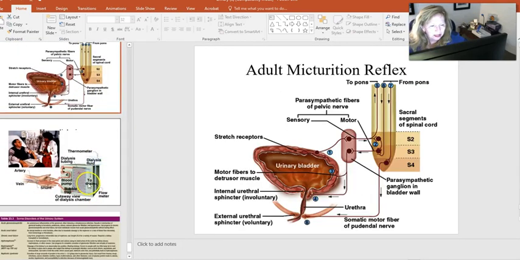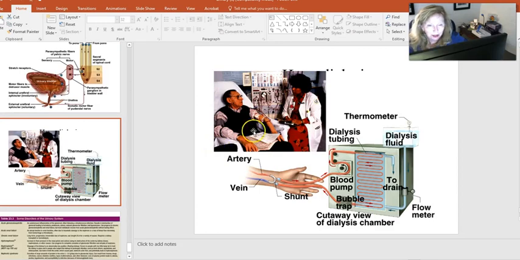What I do want you to see, and this is such an ancient picture, no idea why this doesn't get replaced in your ebook, but anyway, this patient has a shunt that has been put in, and so blood is being removed, run through an external filtration system with dialysis fluid, and then put back into the patient here after it's been filtered.